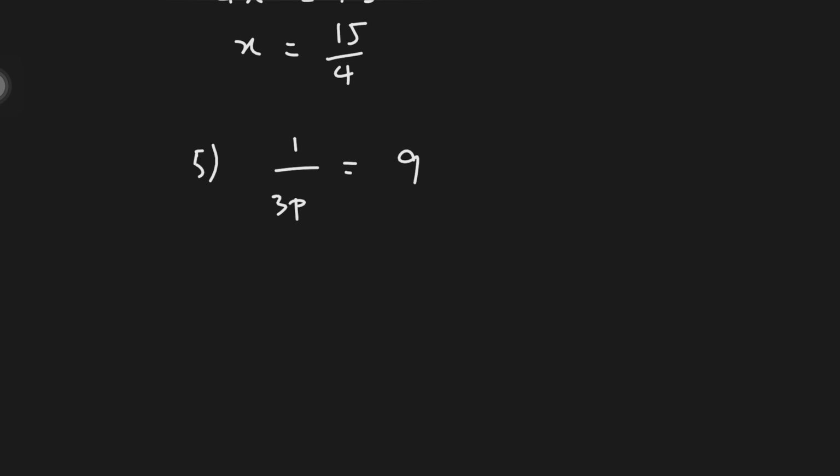So always remember, when we deal with fractions, we have numerator and denominator, and do not overlook them. I suggest the easiest way is to look at 9 as a fraction, or because you only have 9 on the other side, it's even easier to just bring the 3p up and multiply with the 9. That gives you 27p.